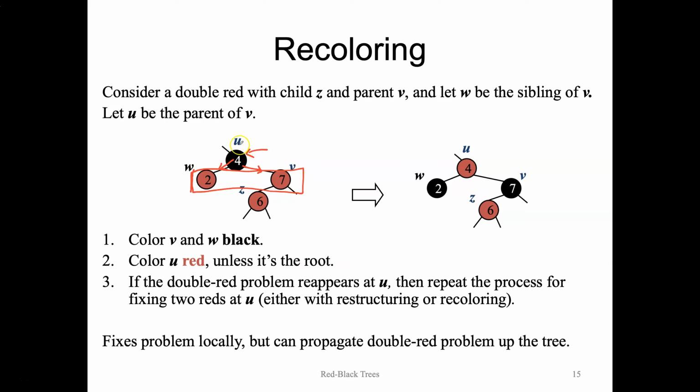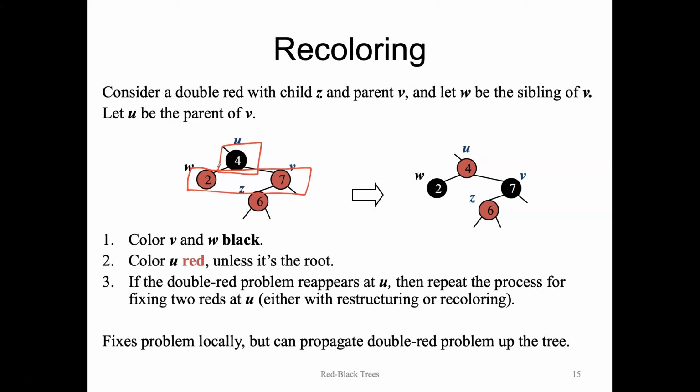So it's like shifting that black down so that we haven't changed the black depth for anything in this left subtree or the right subtree. The black nodes contributing to our black depth are now this node and this node separately. So with a recoloring, we color these two nodes black, and we color this node red.